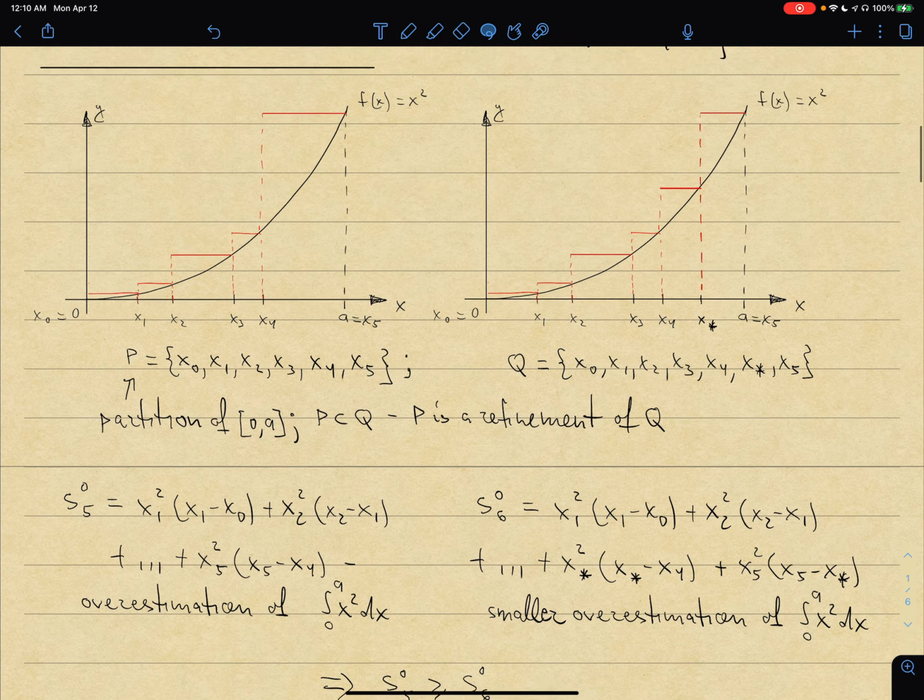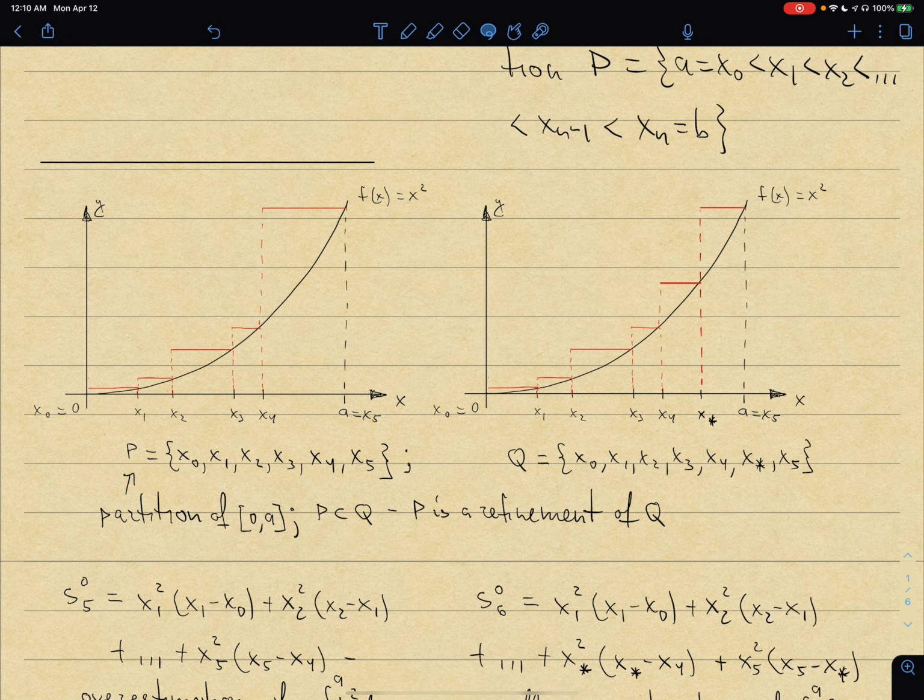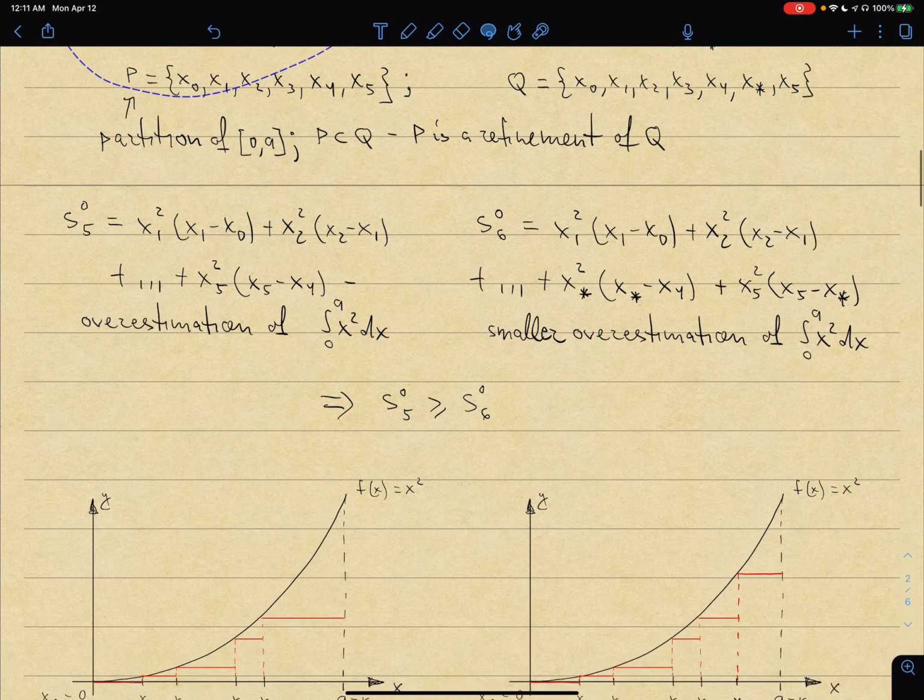And in a similar way, when we consider all possible overestimations for all possible partitions, then for all of them the approximation is going to be larger than the actual area under the graph of the function, or the integral from 0 to 1. And so if I take the infimum over all possible partitions of the overestimations, then the infimum should probably be close to the actual area. And now I'm going to test that idea.